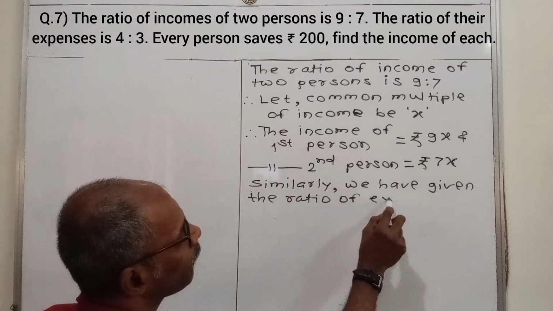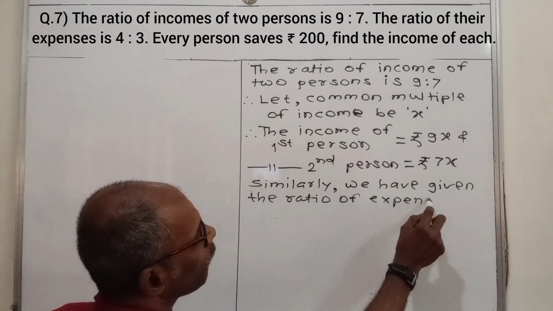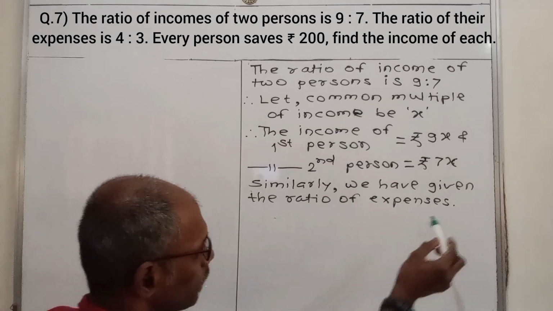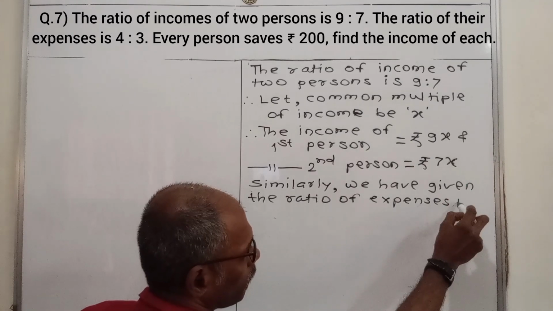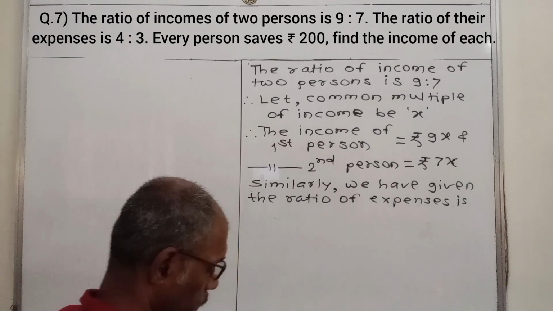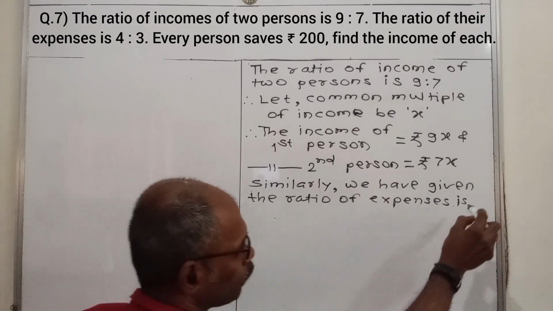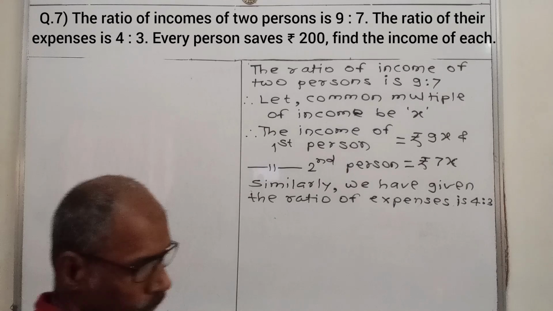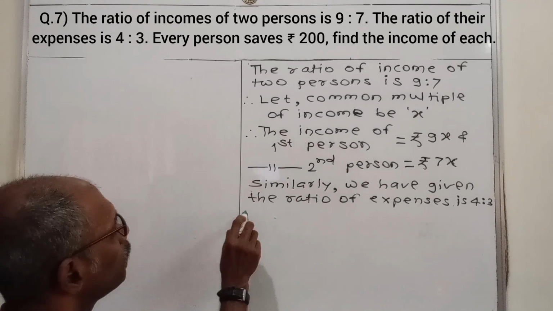Okay, ratio of expenses is 4:3. Did you get it?